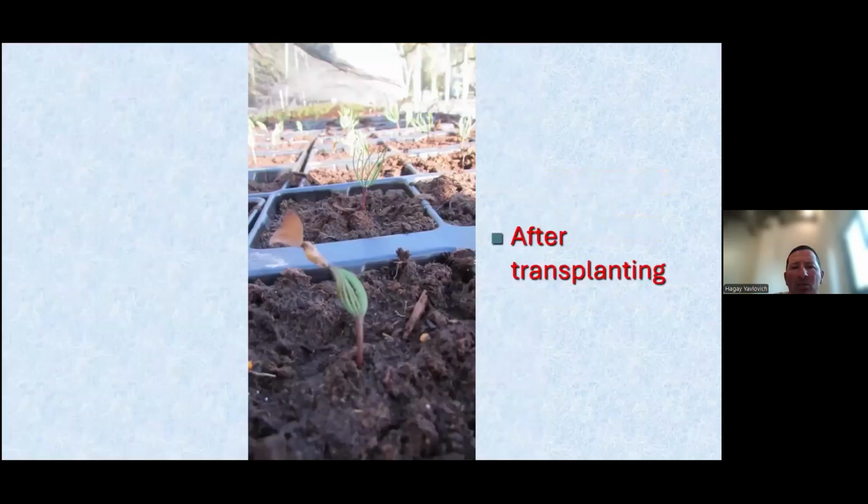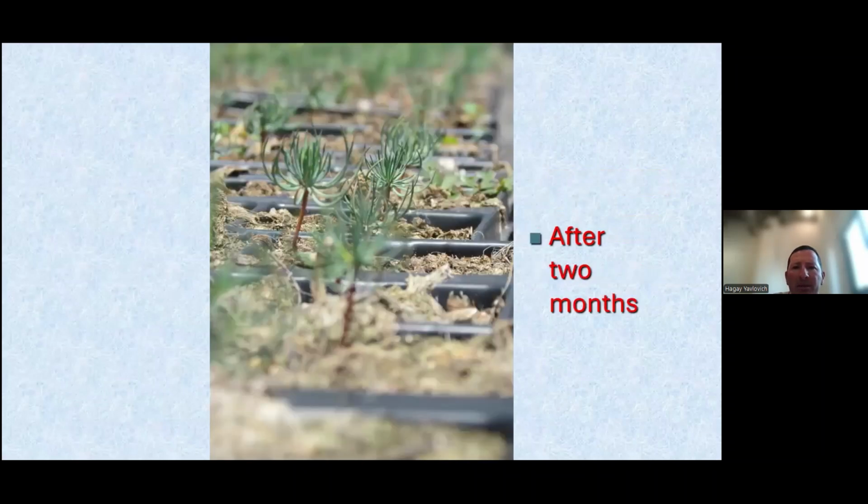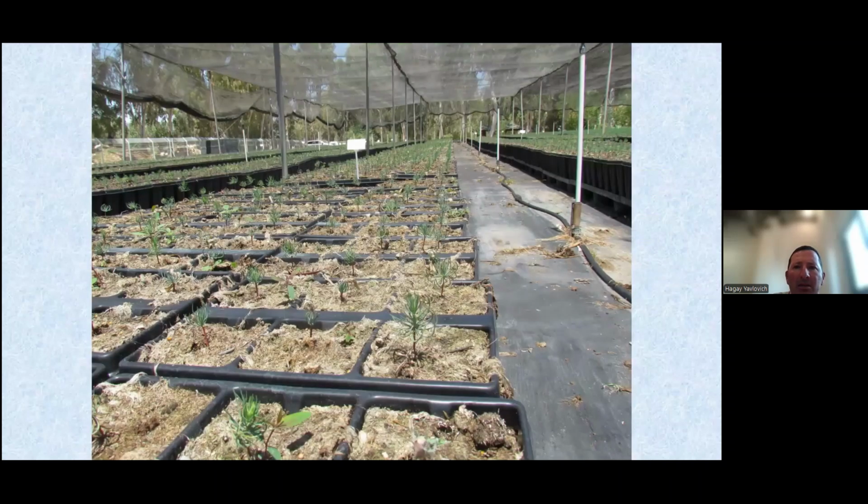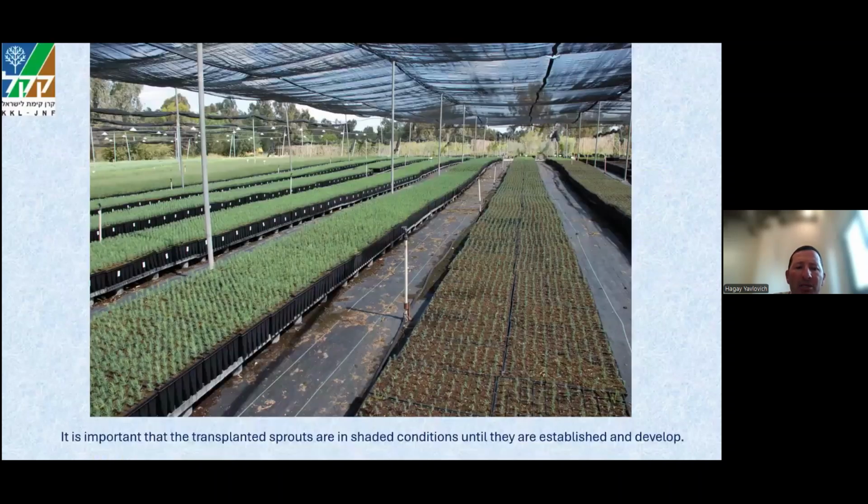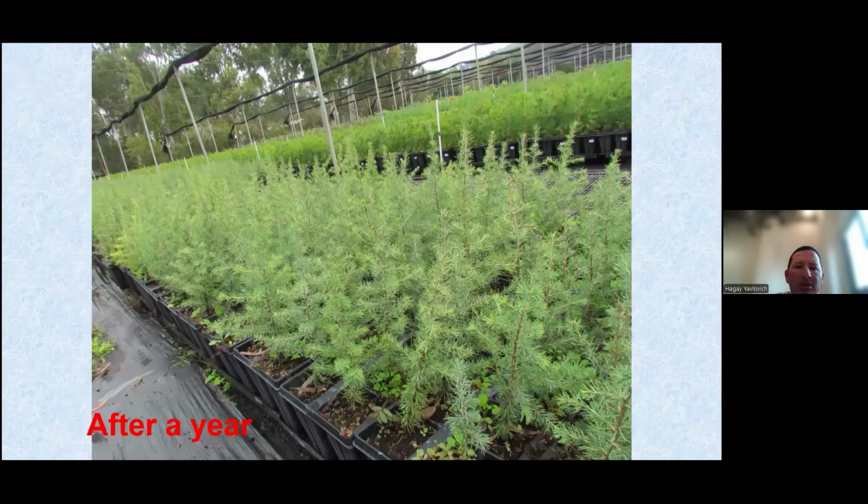And this is what we have after this transplanting, and after 2 months, and of course, very important to keep them in the shade for something like 2 to 4 months until they establish and develop. And this is a picture of something like after a year.